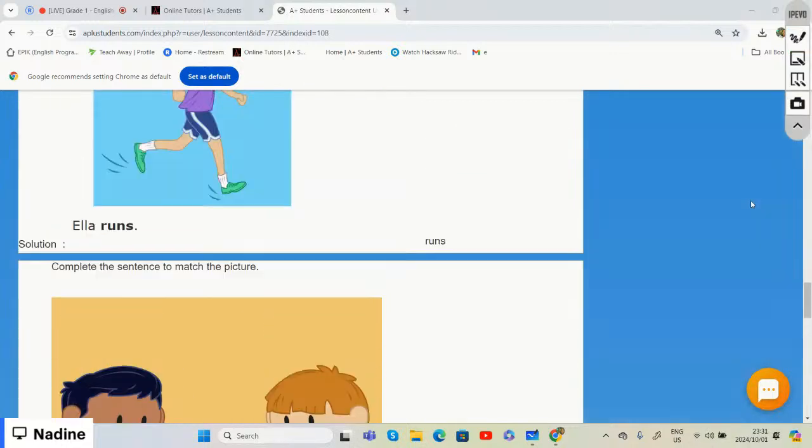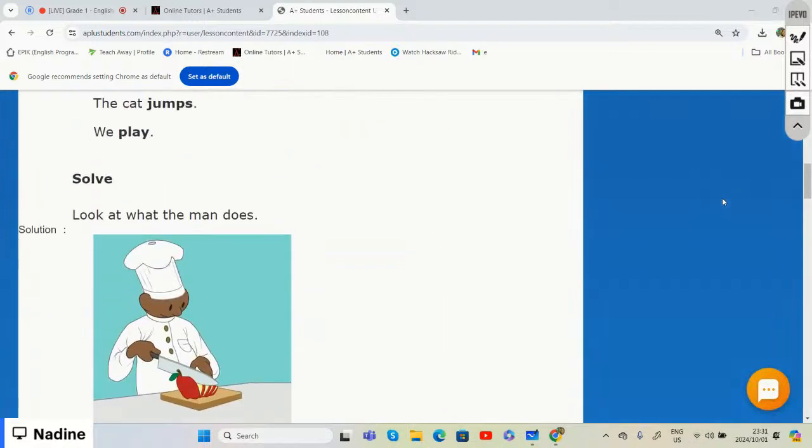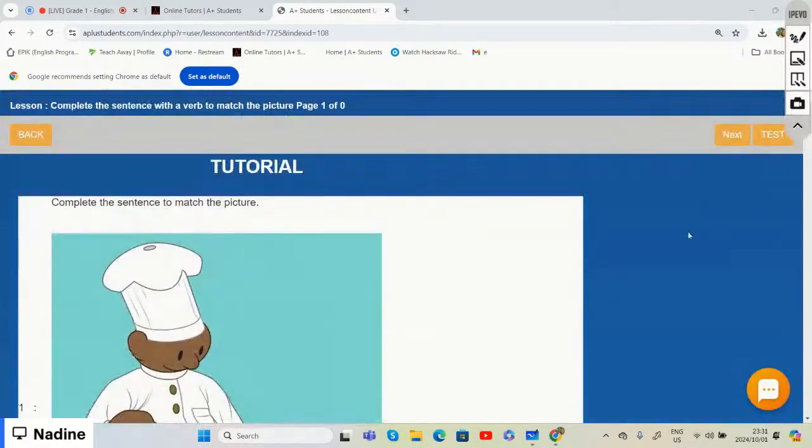All right, so now we're going to our test, where we are going to complete the sentence with a verb to match the picture.